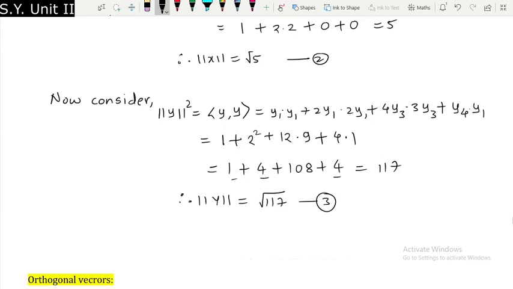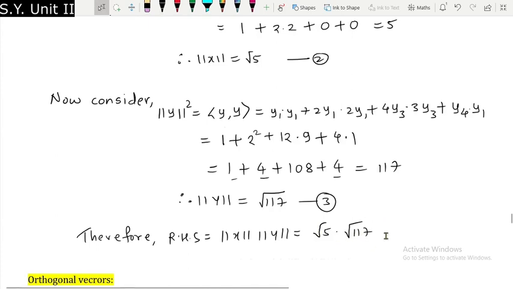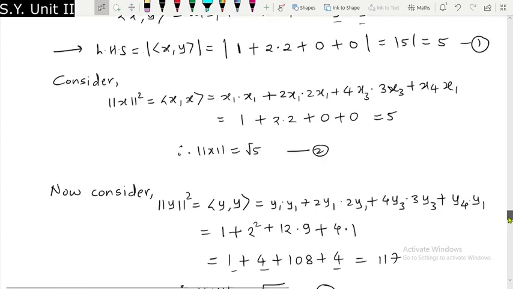So therefore my RHS of the inequality will be norm x multiplied by norm y, which is equal to under root of 5 multiplied by under root of 117, and I believe that is going to be greater than 5, because our LHS was 5. That was expected because we wanted the strict inequality. So you can calculate under root of 5 multiplied by under root of 117 on a calculator, and you will find that it is greater than 5.